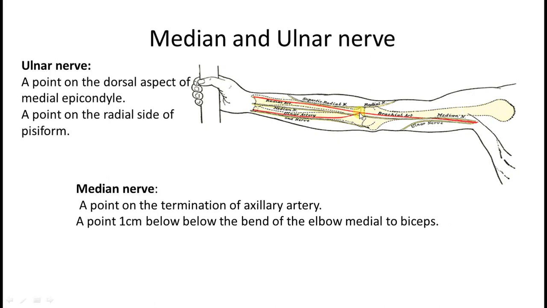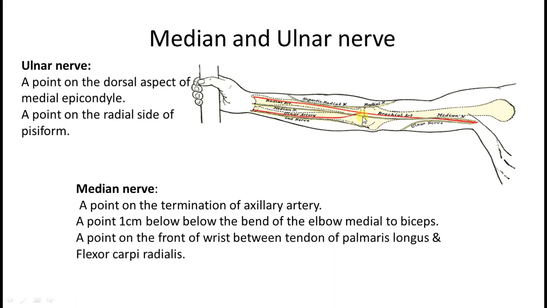The tendon of biceps you can identify very nicely if you just extend your elbow. You can palpate the tendon, and immediately medial to the tendon you can put a marking with a chalk piece on the cadaver. Then a point on the wrist, which should be between the palmaris longus and the flexor carpi radialis.